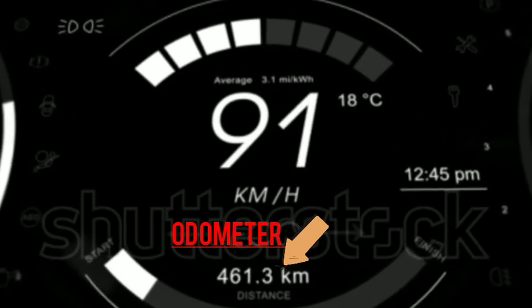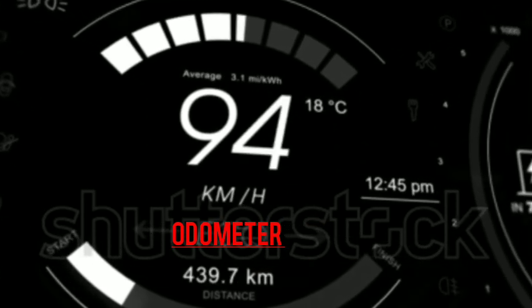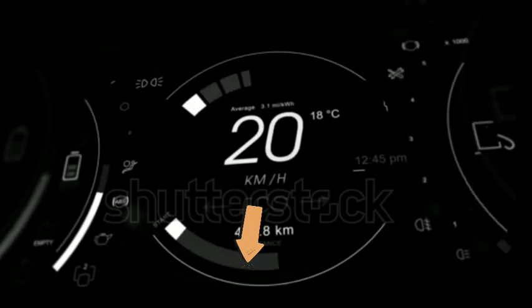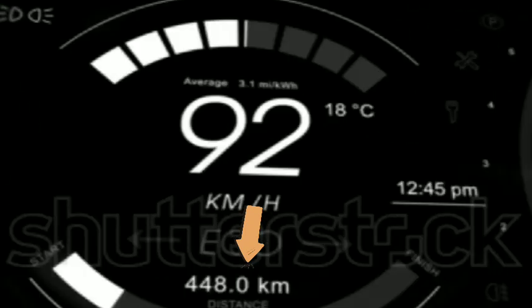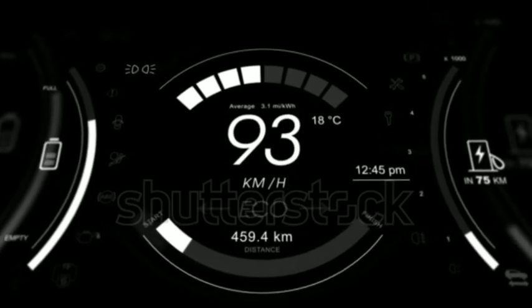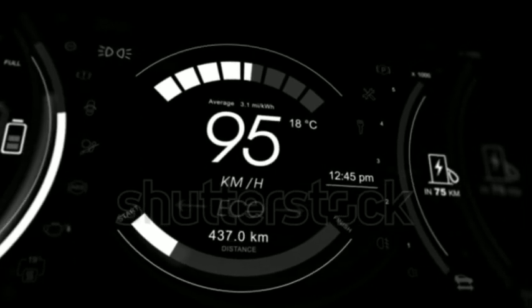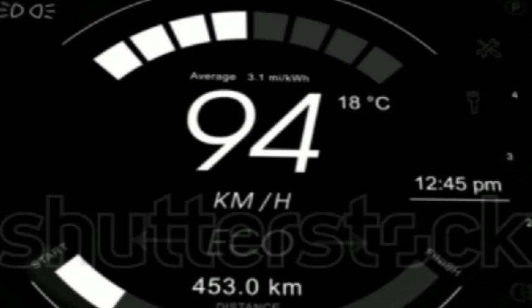Can you see the unit used? The kilometer. Before you start, you note down the initial odometer reading. As you can see, it is 448 km. As you are traveling, the odometer will keep running. What will be the reading when you reach your destination? Now, as you have reached, the reading is 453 km.